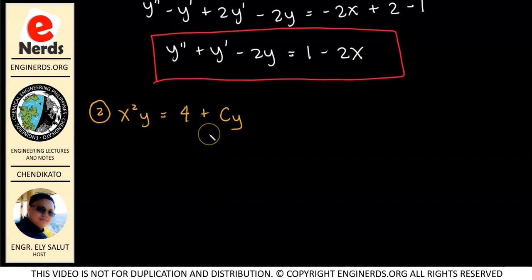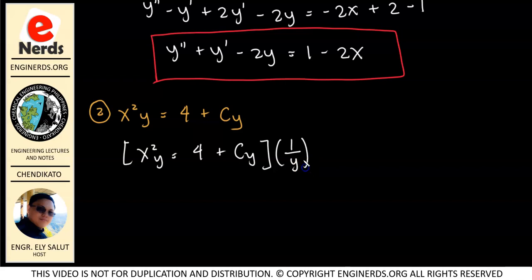So we can easily isolate our constant here by dividing all terms by y. So that means if I divide all of that by y, I will have x squared y is equal to 4 plus cy. Okay, so I will divide or multiply this by 1 over y.